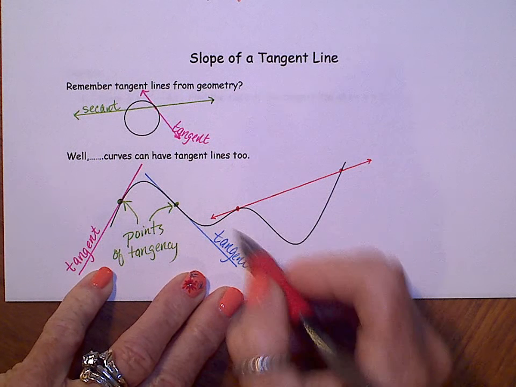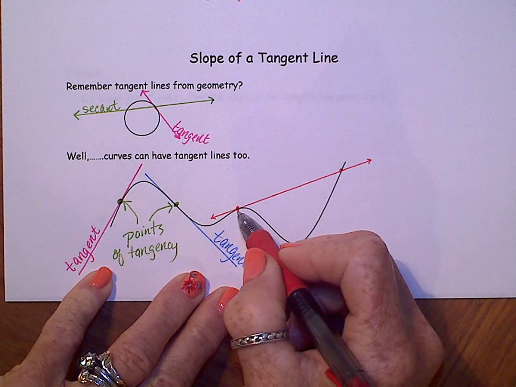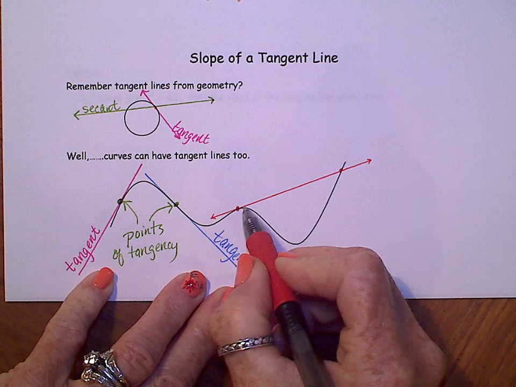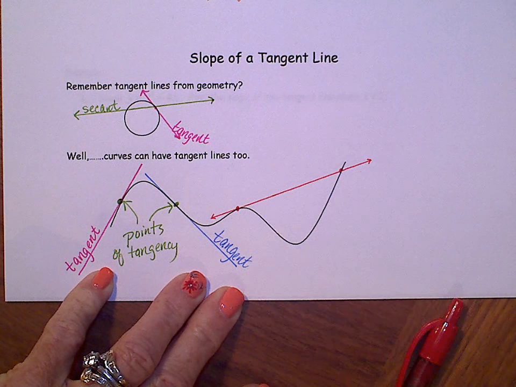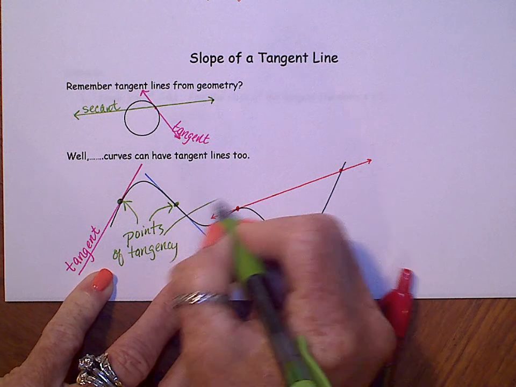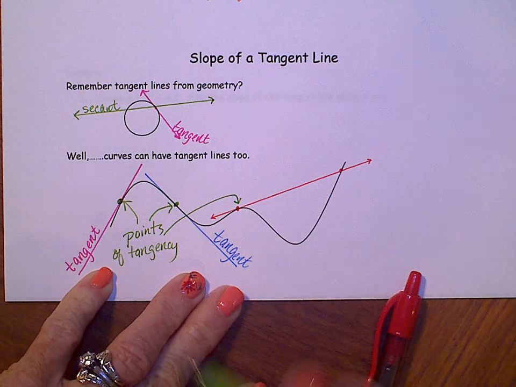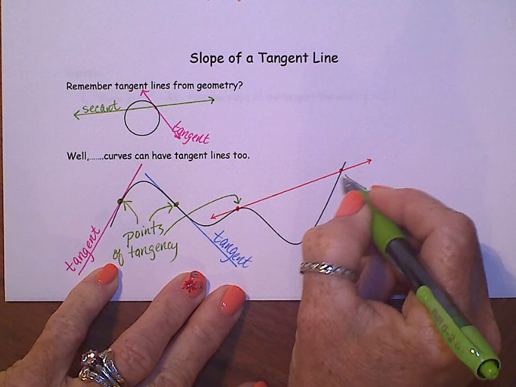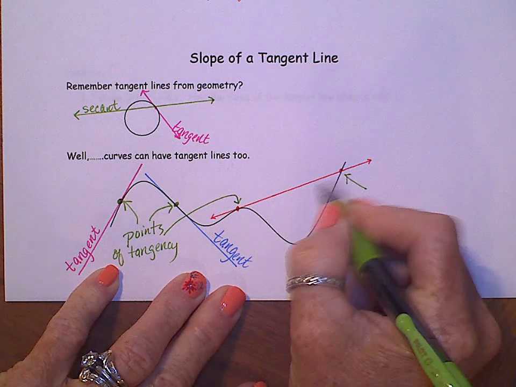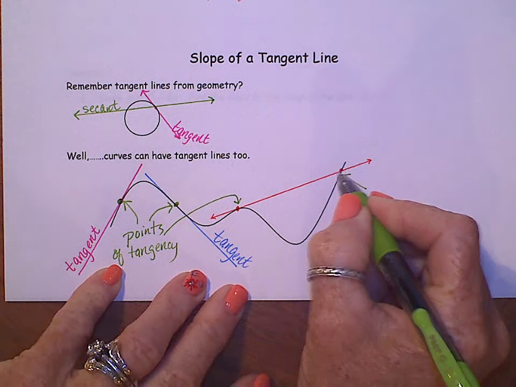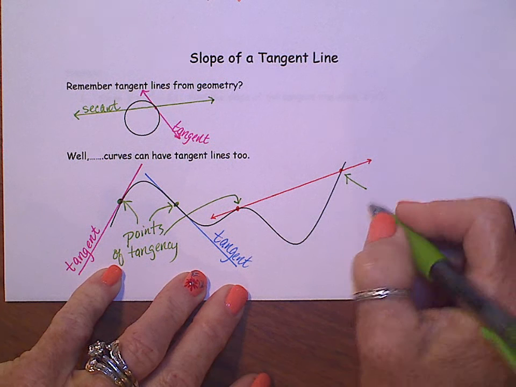This one is a point of tangency because that curve is just skating right along the edge. That is a point of tangency. This out here, where that line crosses through the curve, is not a point of tangency.